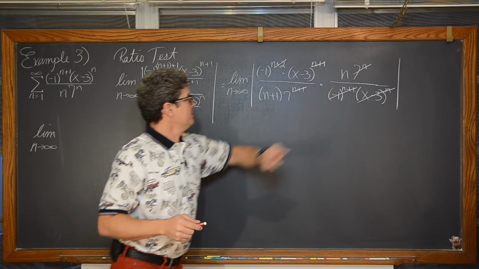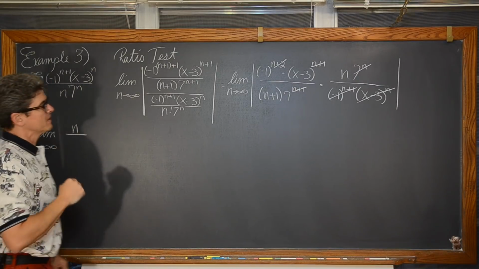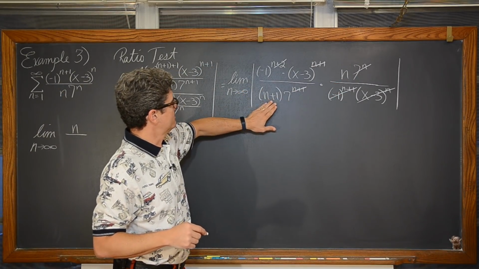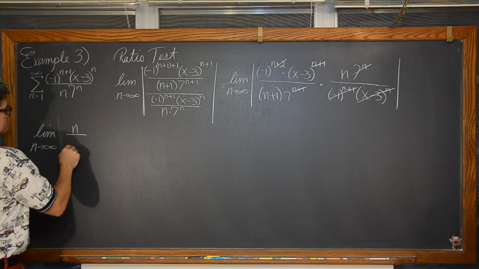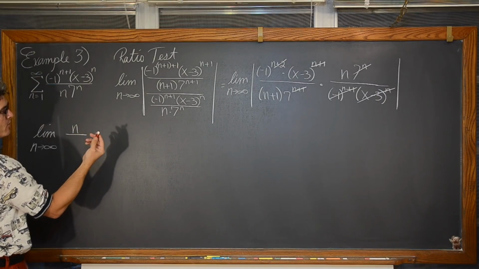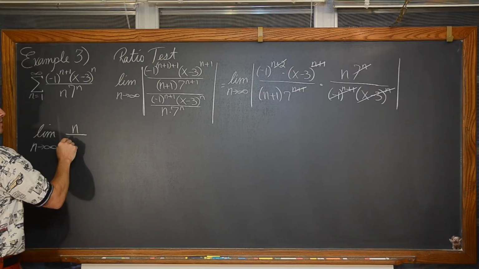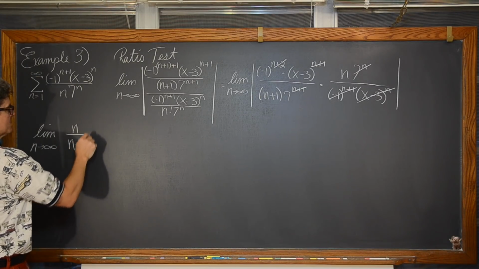We have an n, so the limit as n approaches infinity of n over, that's this one right here. In the denominator, we have a factor of n plus 1. And we can bring that 7 out as well if we want, or we can leave it inside the absolute values. I think I'm going to leave it inside the absolute value. Note that the absolute value of 7 is just going to be 7.